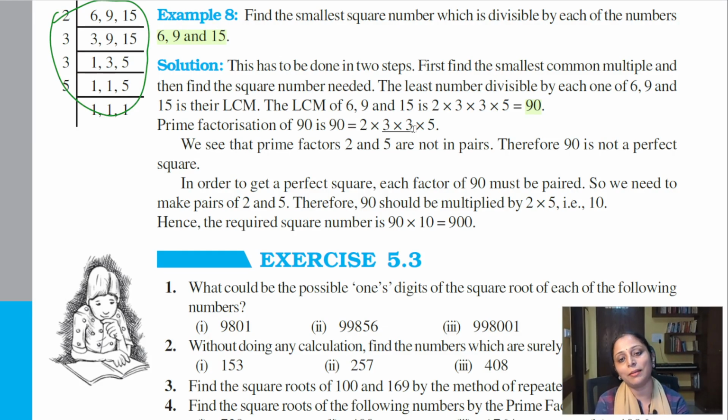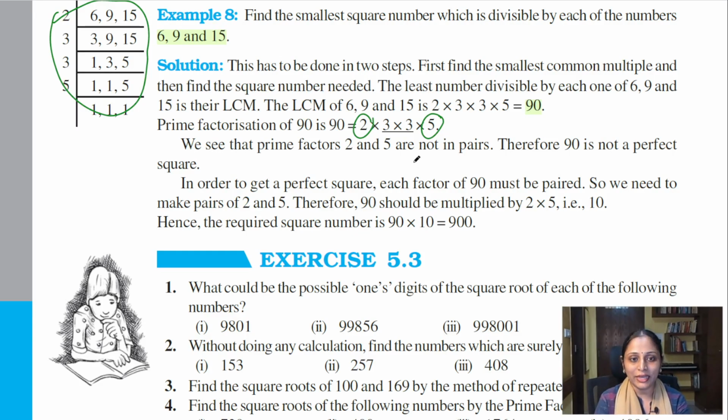Again it's the same as trying to make it a perfect square. I'm trying to make 90 a perfect square, not by dividing, taking away some unpaired factors. I need to pair them up because I want the multiple of this. For example, 90's prime factorization has given me 2 into 3 into 3 into 5, right? Now 2 and 5 are not paired.